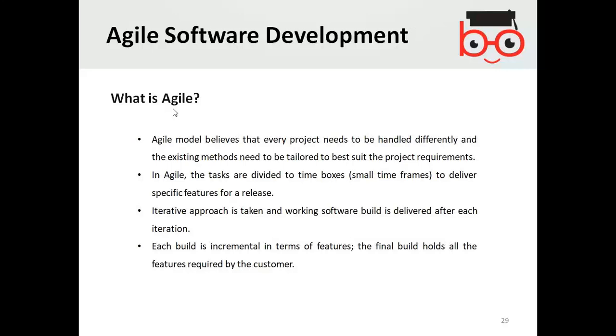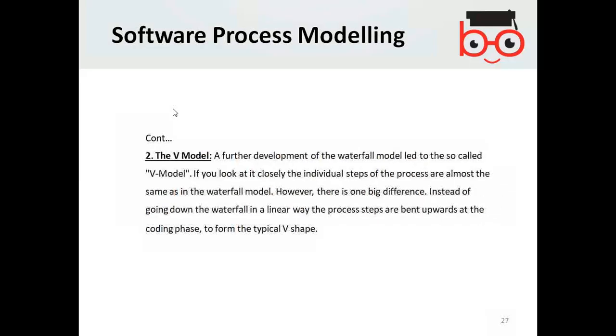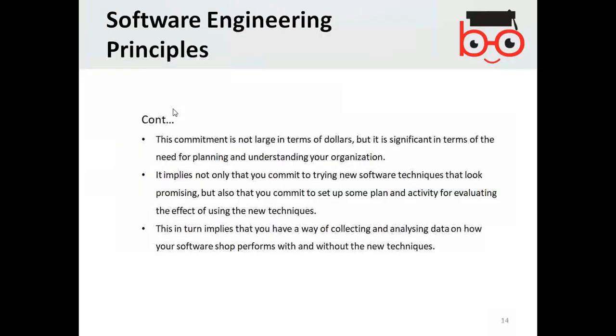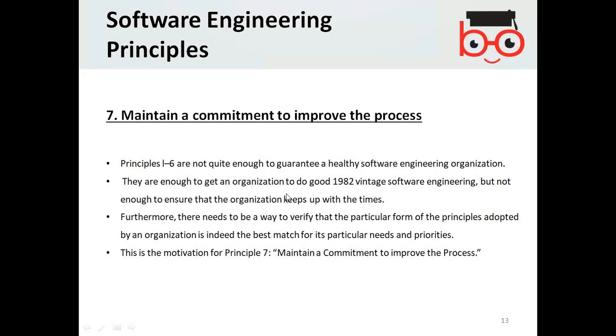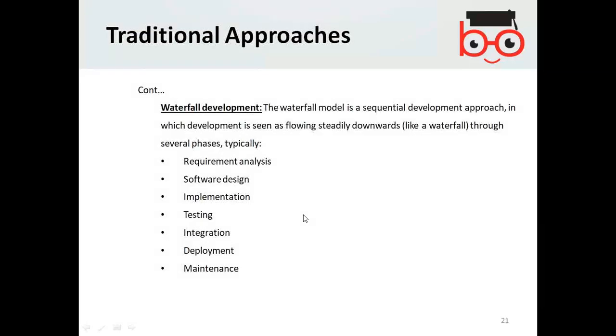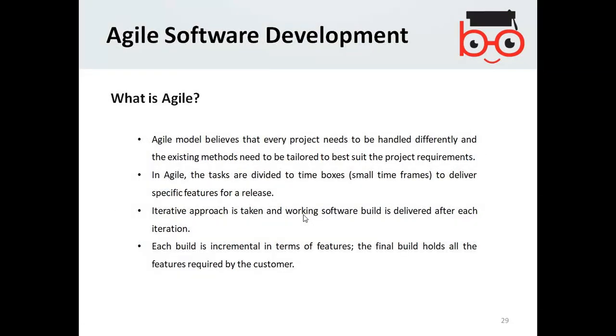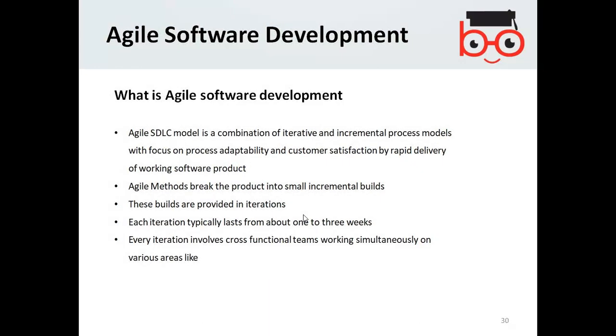Like in the previous slide, the good principles of software, number 7, was to not only focus on vintage software development, like waterfall was the vintage software development, but adopt further software development processes. So these are incremental, agile, or basically the new modern methodologies.